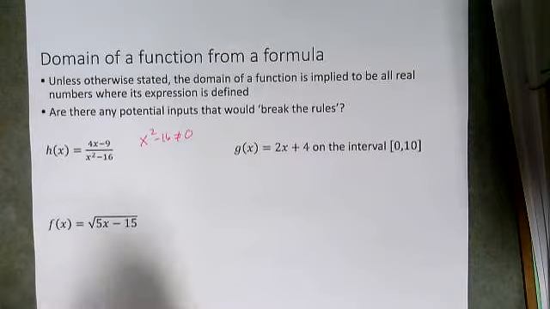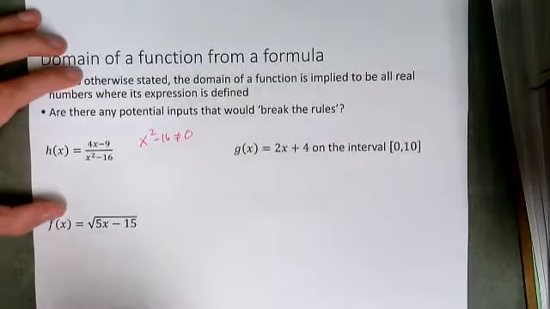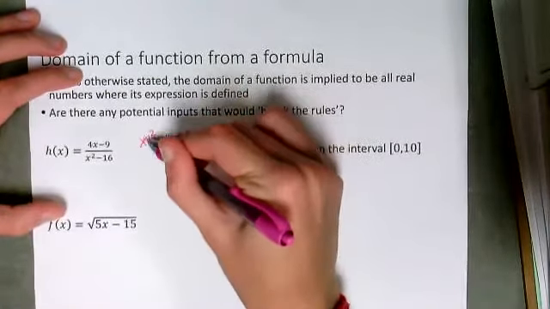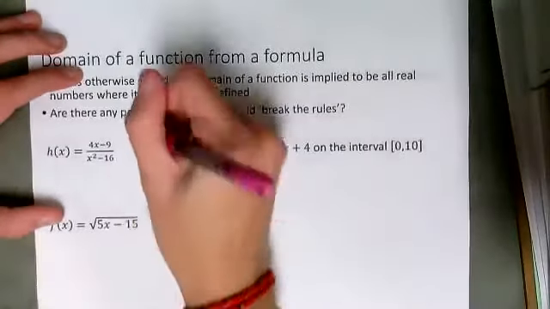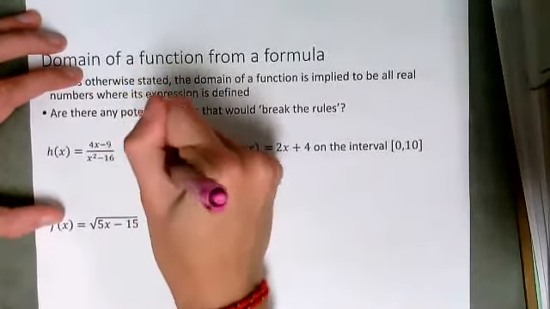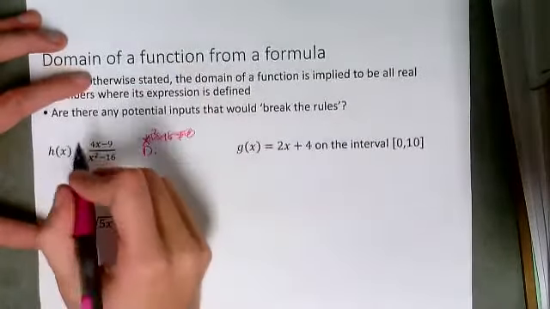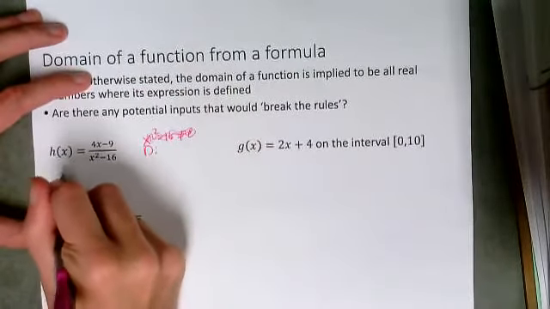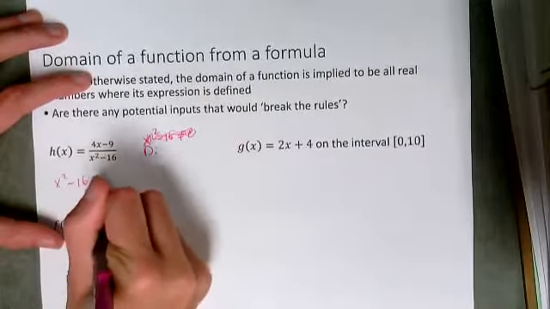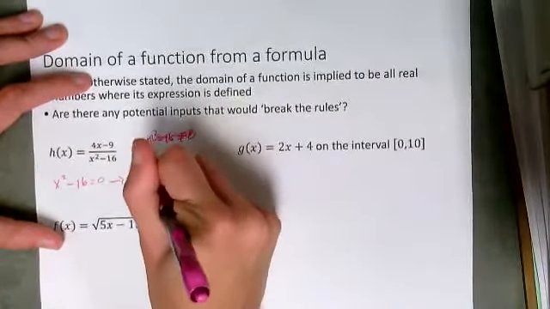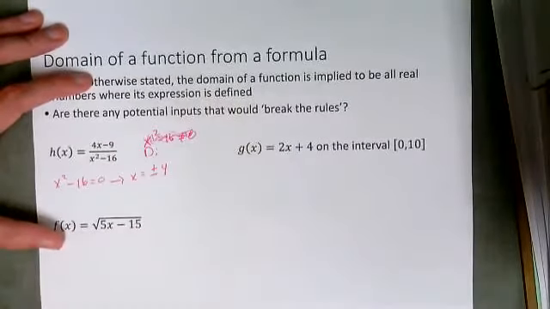Well, let's find out when that happens. So our domain is all real numbers such that something can't happen, right? So x squared minus 16 equals 0. That happens when x is equal to plus or minus 4. You solve it out.